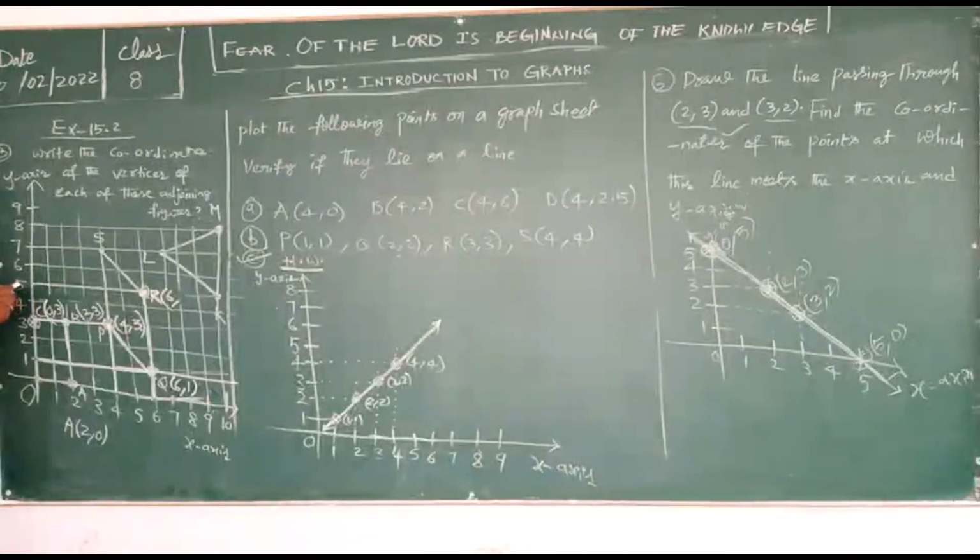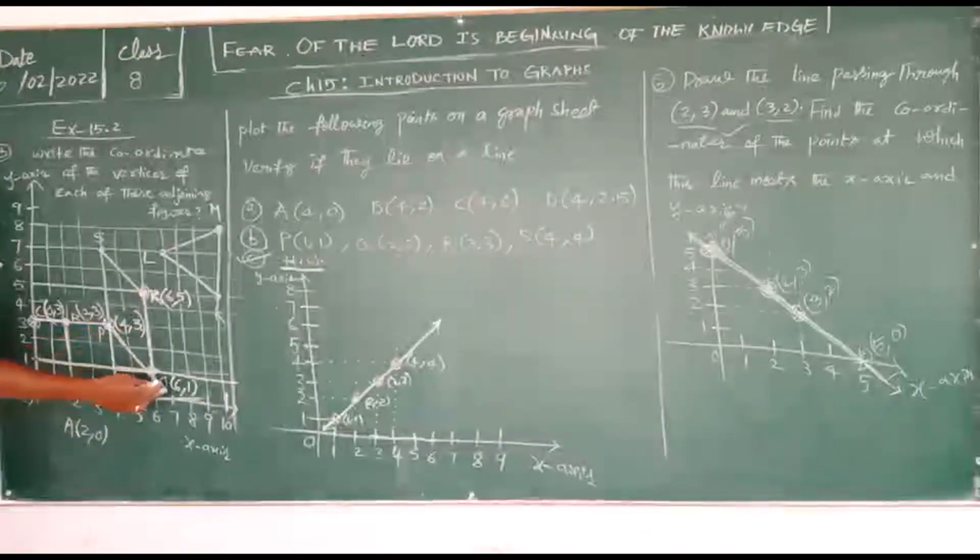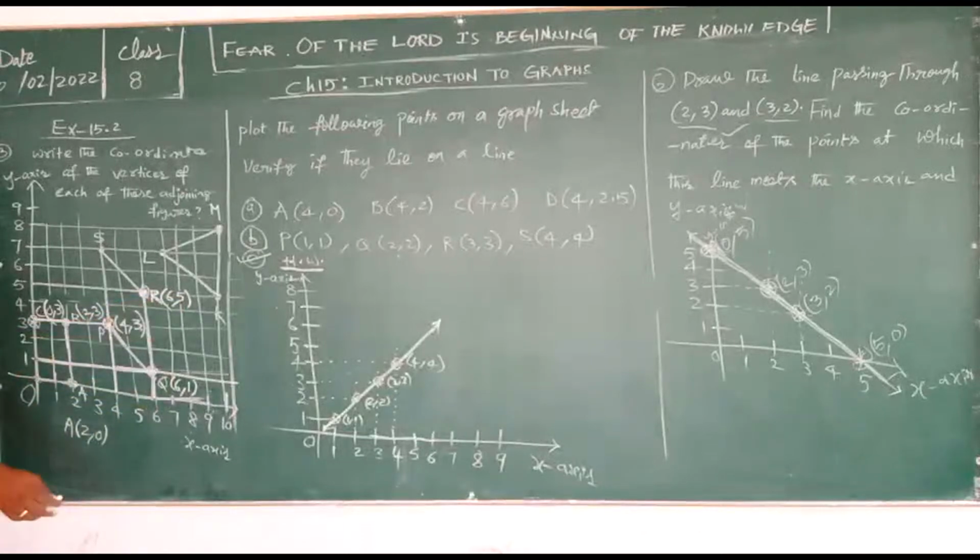When you observe, that is 5. So 6 comma 5. You need not write in the graph like this. You can write separately, but I was showing you how it is 2 comma 0, 0 comma 3, 2 comma 3 and 4 comma 3, 6 comma 1, 6 comma 5, like that.